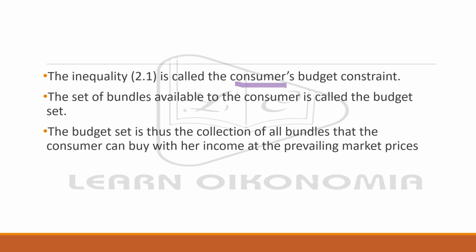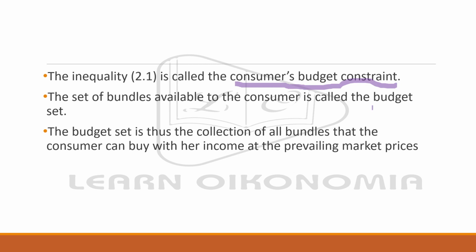The consumer is limited by his money income. So even though he wishes to spend a lot, even though he wishes to buy more quantities of both the commodities, he cannot do that. Why? Because he is limited by his income. He is prevented by his income situation to do that. So the set of combinations which are available to the consumer is known as the budget set.